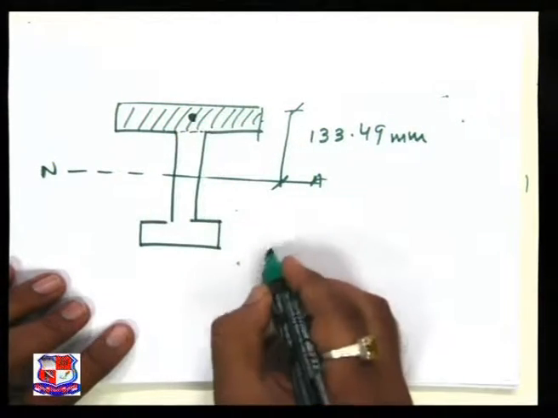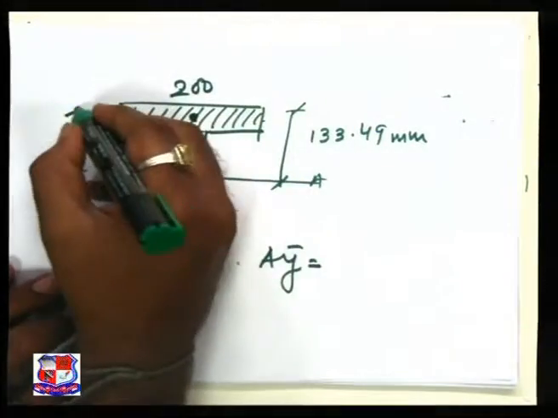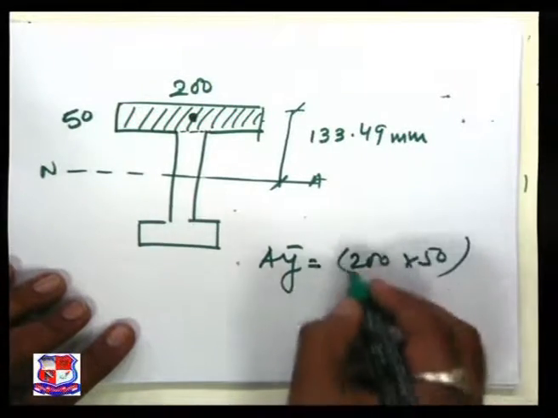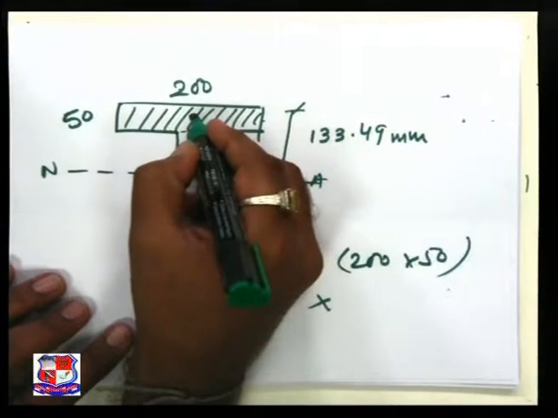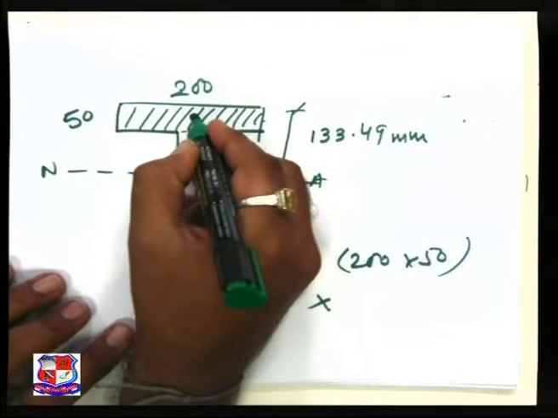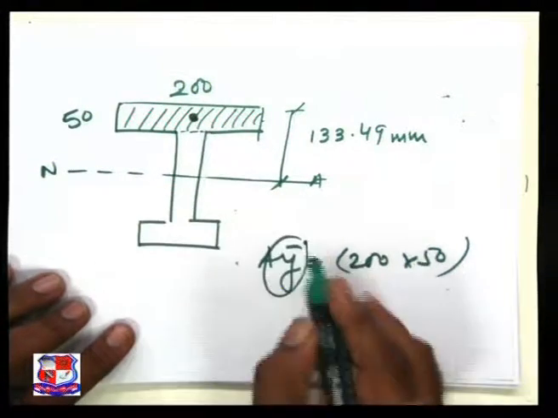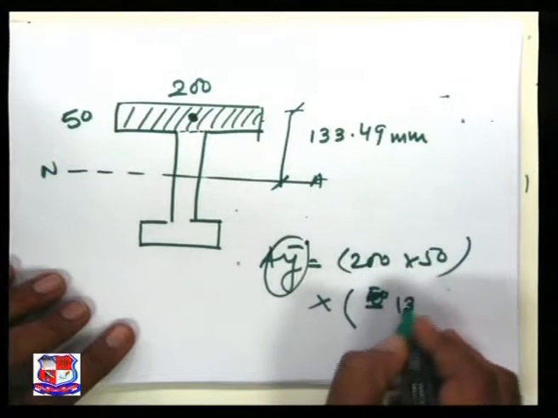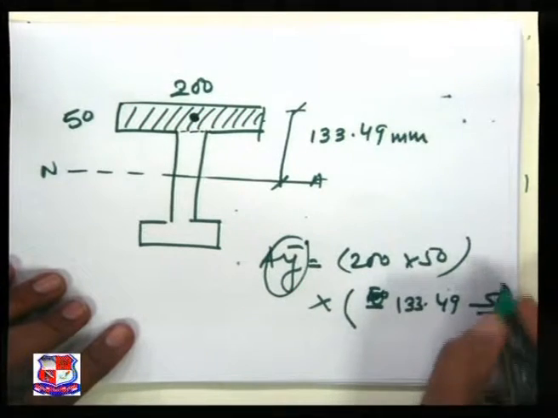So now A y bar is nothing but the area, 200 multiplied by 50, multiplied by y bar. Y bar is the distance of the CG of the area under consideration to the neutral axis, that is 133.49 minus 50 by 2.